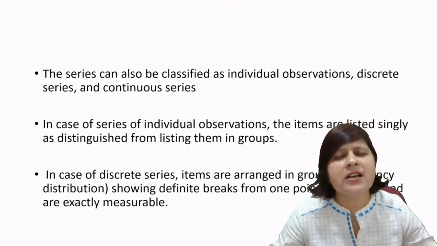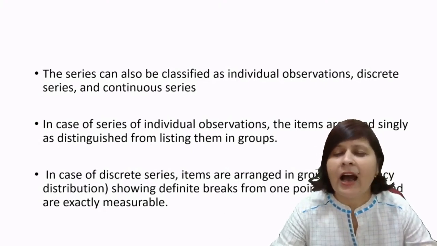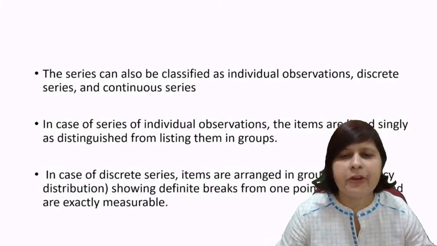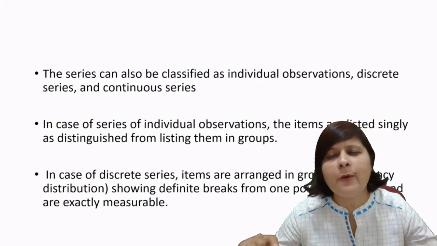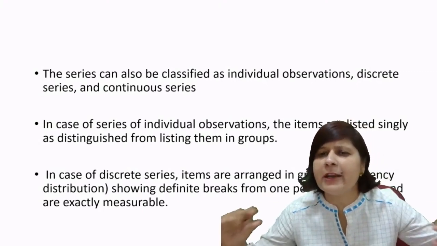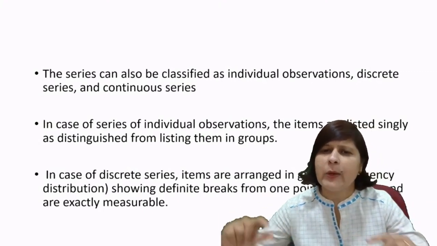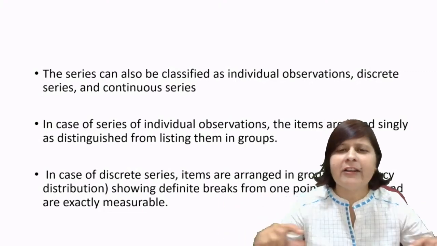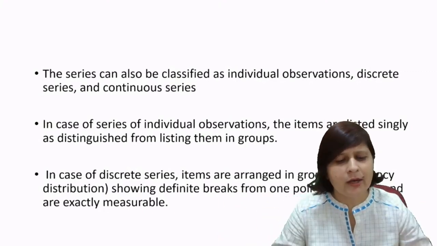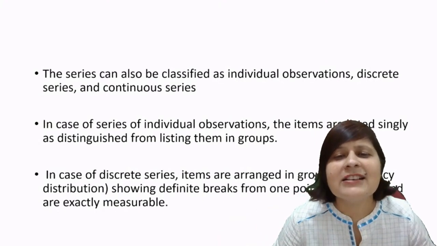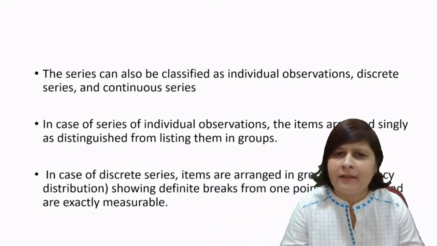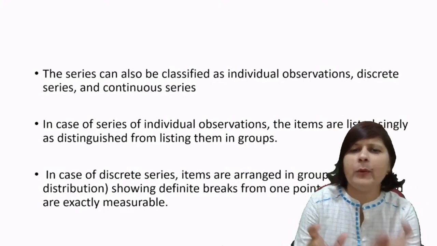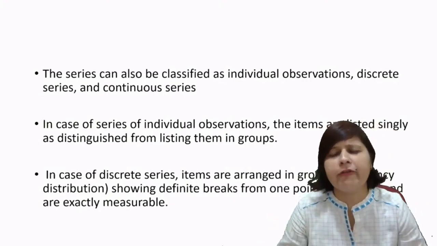So this is a discrete series. In a discrete series, items are arranged in a group frequency distribution showing a definite break from one point to another, 10, 20, 30, 40, 50, and it is exactly measurable. There is an exact measure between 10, 20, 30, 40 and 50.